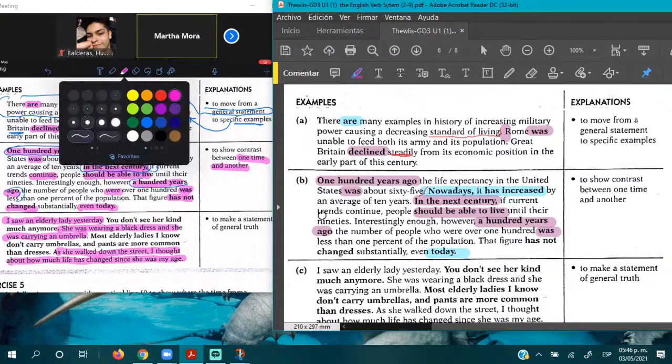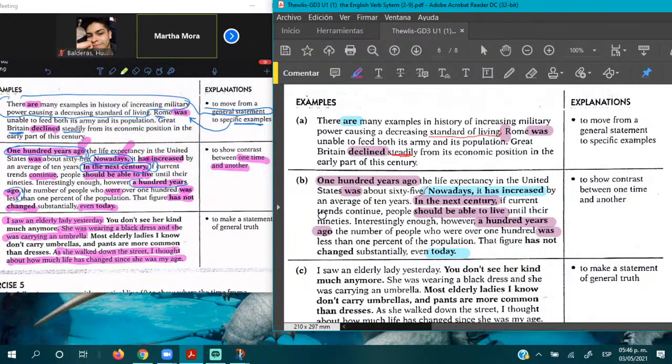And what we have in bold characters is a generalization that you are trying to establish considering these facts. And for that reason, you change to present because present is used for general truths.